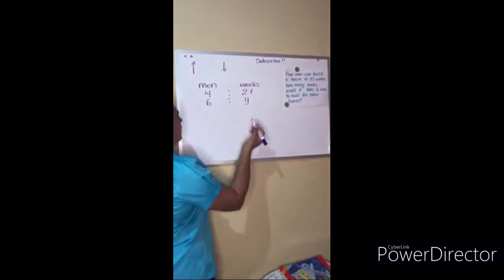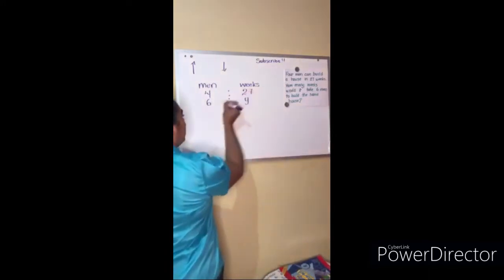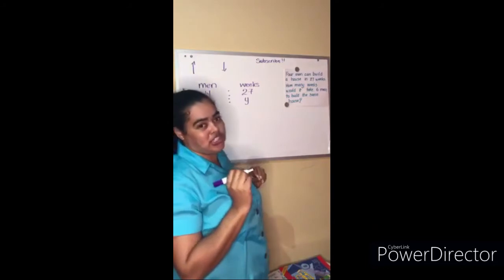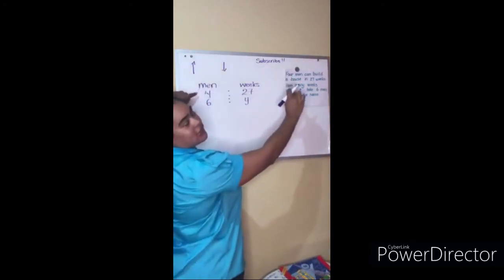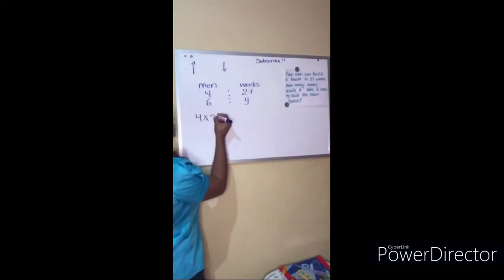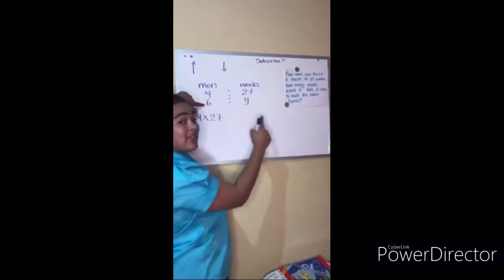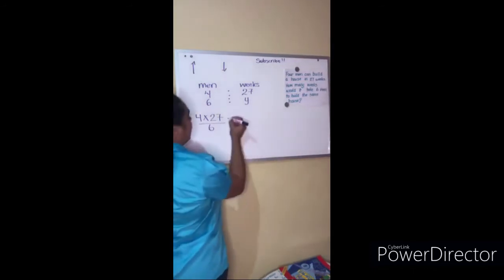Okay? And when we're doing direct proportion, we cross multiply. But this is not direct proportion. So we're going to multiply straight across. Alright? So we're going to say 4 times 27, and we're going to divide by the one that does not have a partner. And that will be 6 in this case, right?